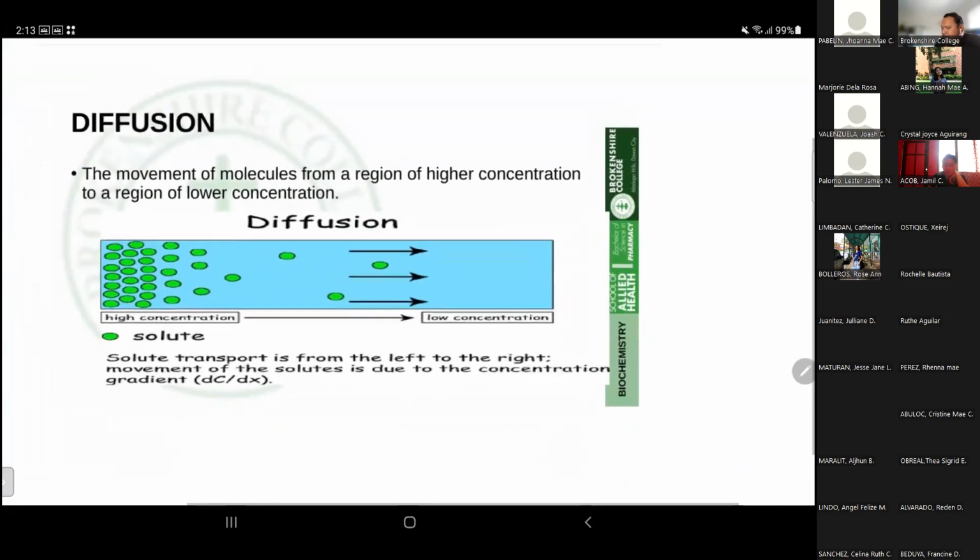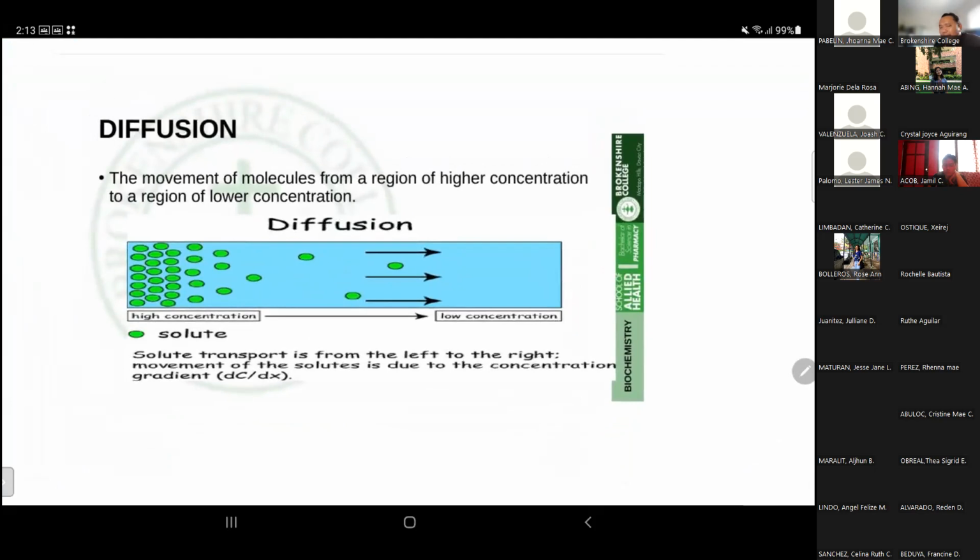Under diffusion, molecules move from a region of higher concentration to a region of lower concentration of solutes. So solute transport is from the left to the right, and the movement of the solute is due to the concentration gradient. One good example of diffusion would be diffusion of a dye.